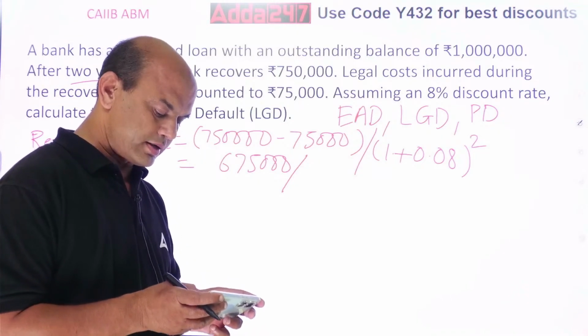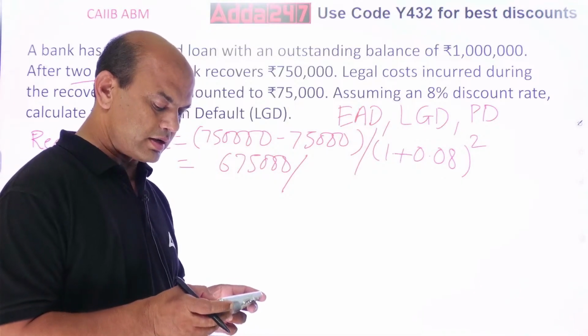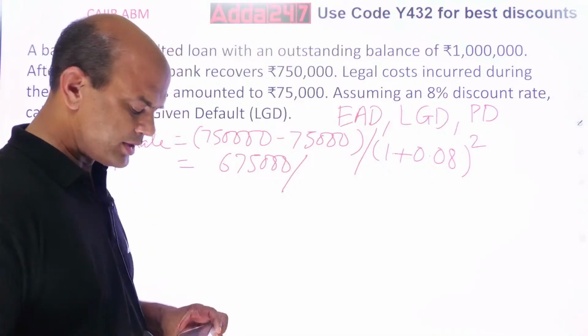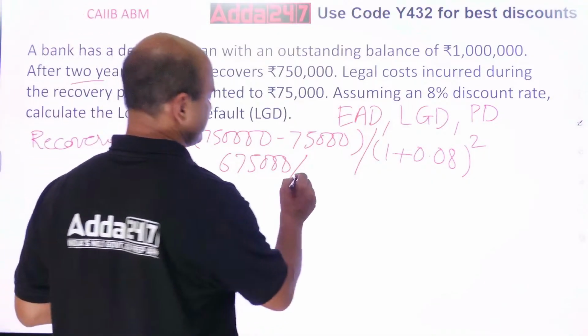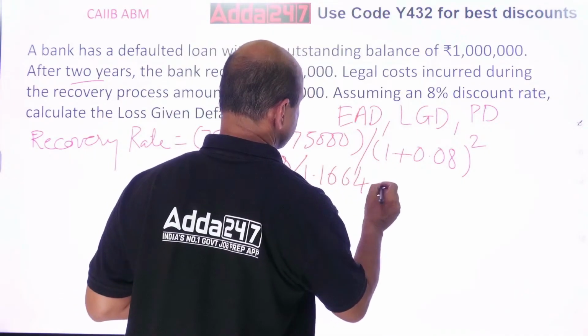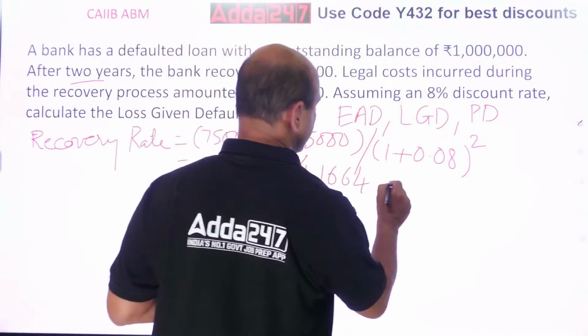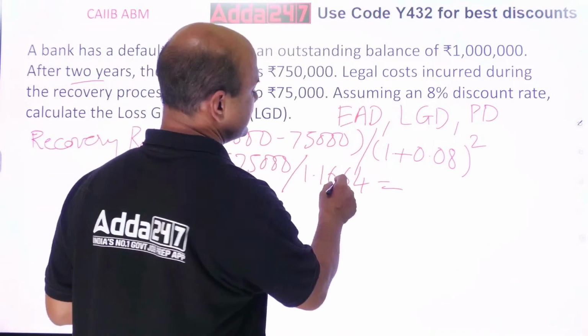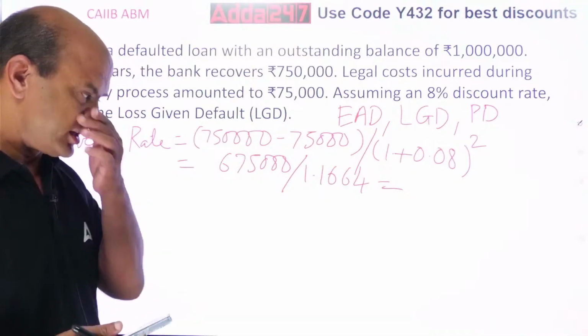I did 1.8. 1.08 raised to 2 equals 1.1664. Now get the answer for this. What is the answer for this? 6,75,000 upon 1.1664. Do it.